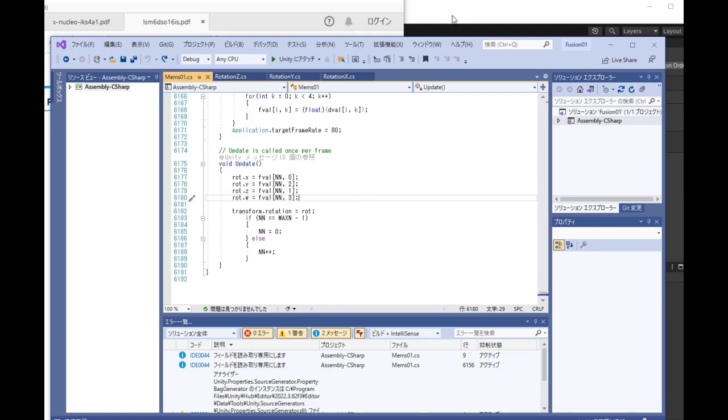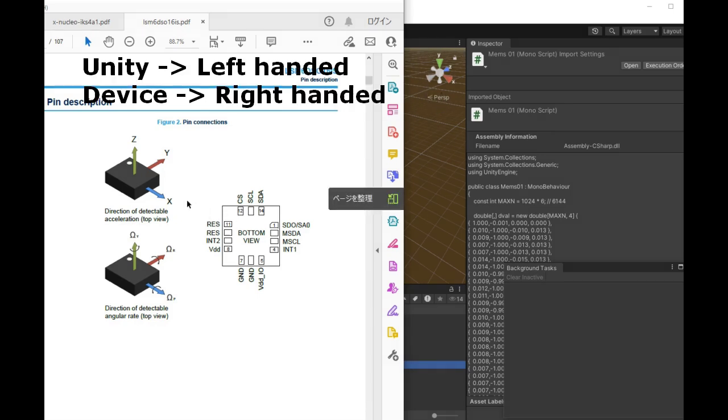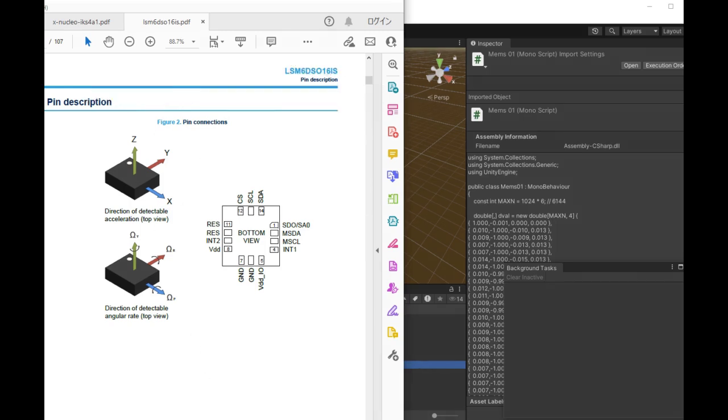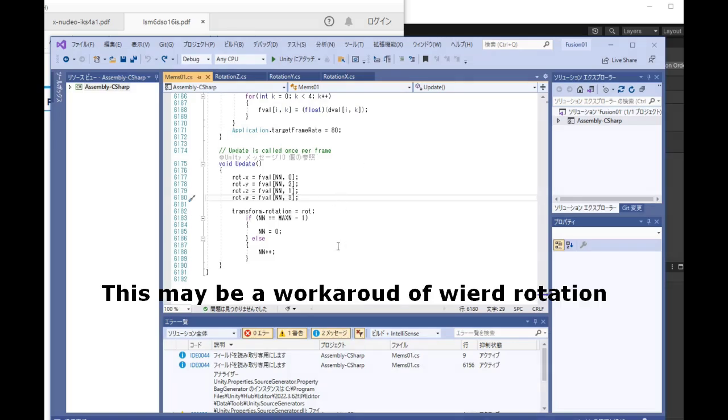So be careful of the difference between these two, Unity and the device. Unity is a left-handed system and the device is a right-handed system. I don't know if this is the best way. Anyway, this change can make it work fine.